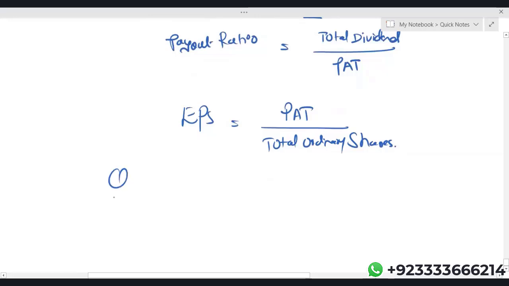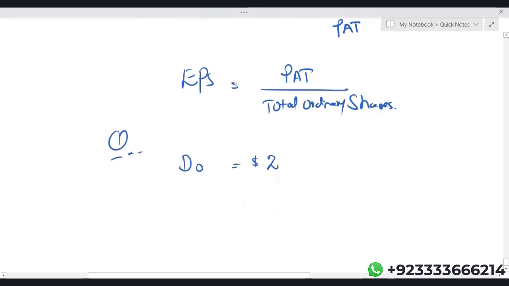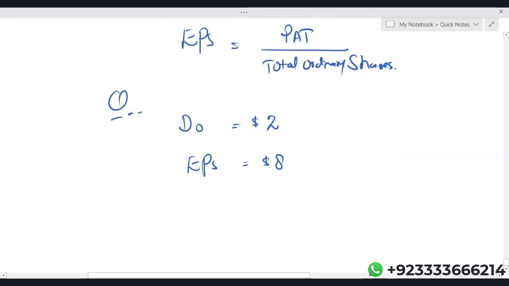Let's see a question. Let's say we have D naught, $2. Earning per share is $8. RF is 8%.